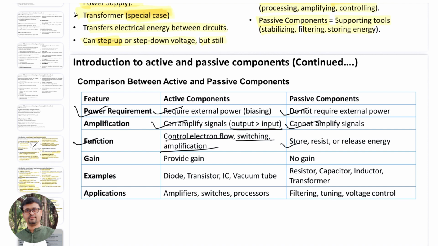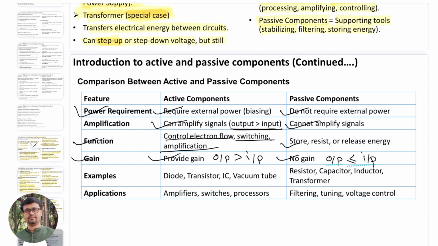On gain, active components provide gain, passive components no gain. We have seen that: here the output is greater than the input, and here the output is less than or equal to input, means it is not providing gain, because gain is output upon input.